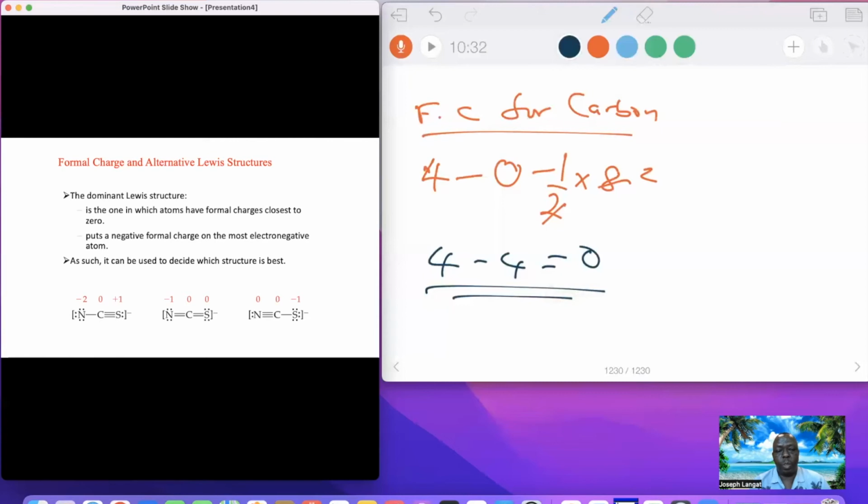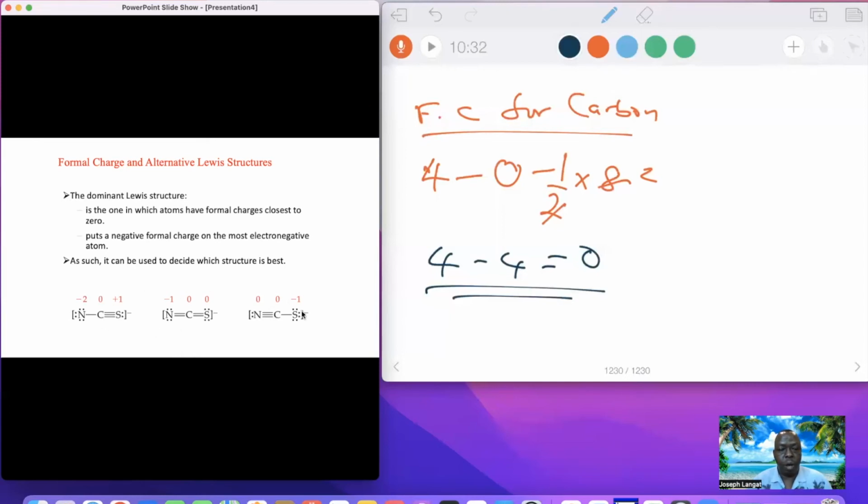But the one with the least combination of formal charges is the plausible Lewis structure. If 2 structures have the same combination, as in this case, this is -1, this is -1, this is -2, it's not going to work this way.